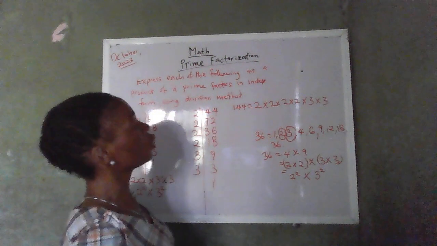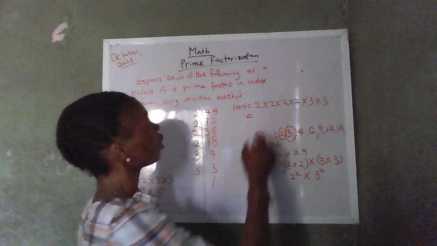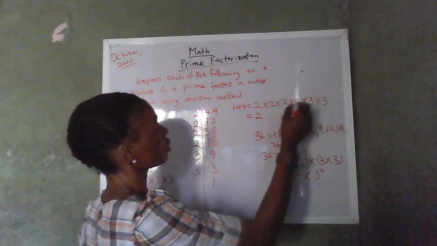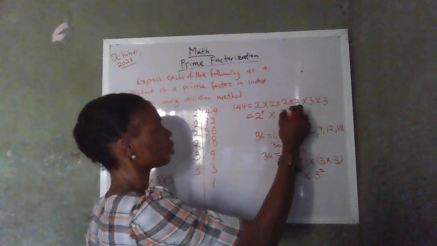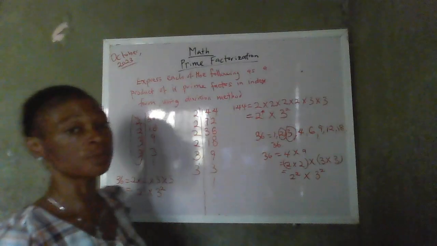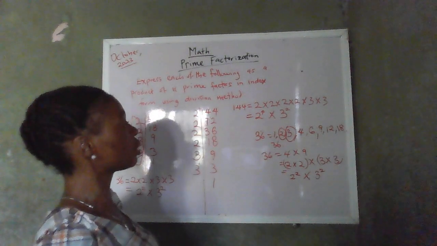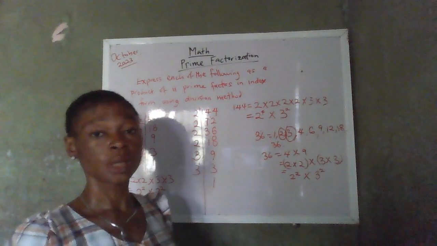In expressing this in its index form, we have 2 raised to power 4 multiplied by 3 raised to power 2. We have expressed 144 as a product of its prime factors in index form, using the division method.